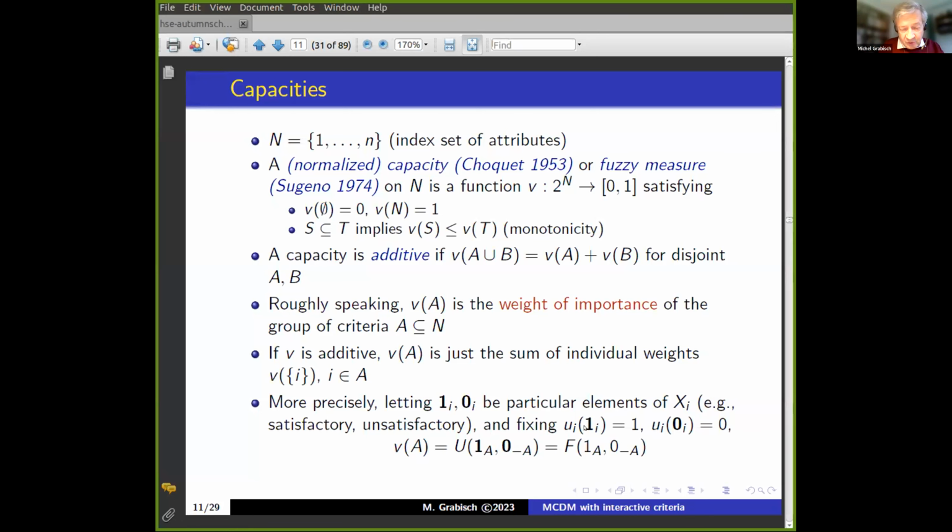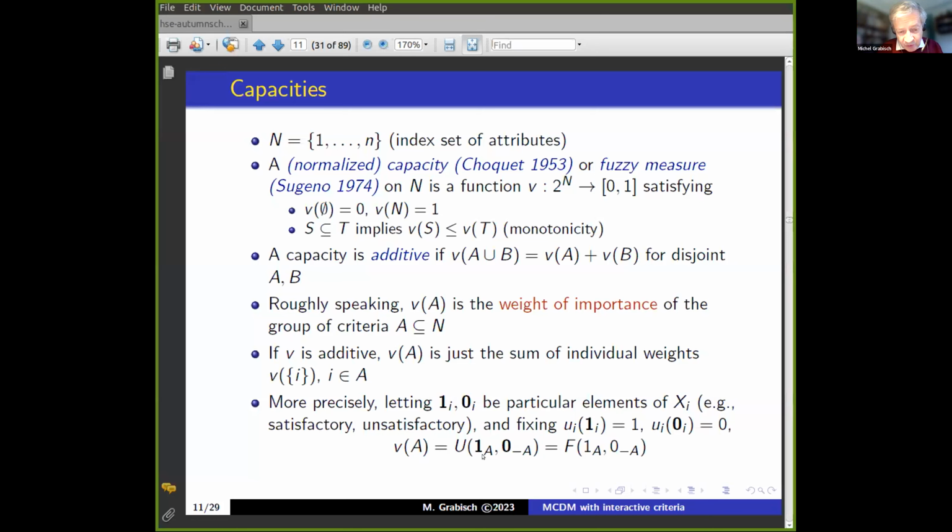And then you just normalize your marginal utility function based on these elements. So you say the utility of the satisfactory level is equal to 1, and the utility of the unsatisfactory level is 0. Then you define V of A, in some sense the importance of a set of attributes A, as the overall utility of this special alternative, which is formed of two parts.